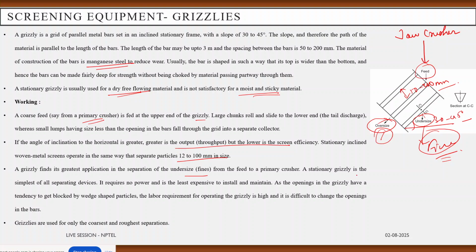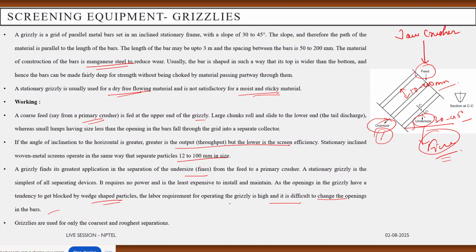A stationary grizzly is the simplest kind of separating device that we know, and it requires no power and is less expensive for installation and maintenance. The openings in the grizzly have a tendency to get blocked by wedge-shaped particles, so the labor requirement for operating the grizzly is very high, and it is difficult to change the opening in the bar.